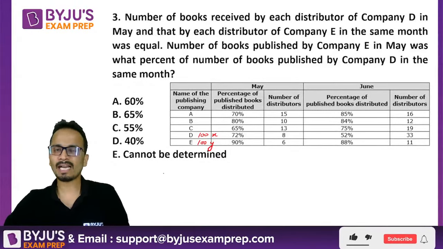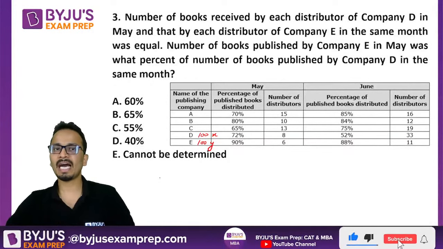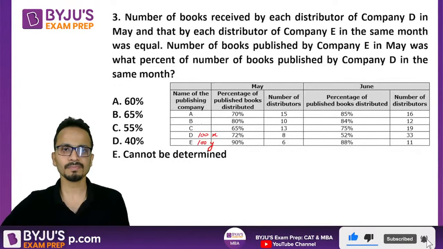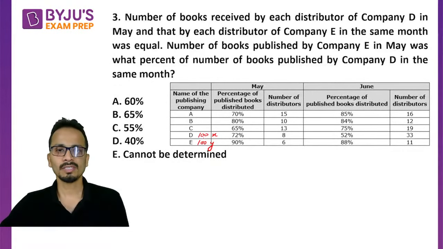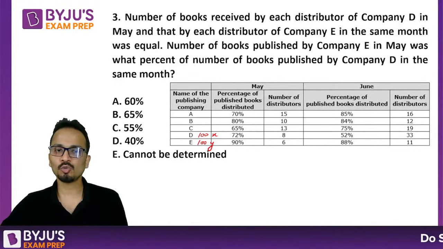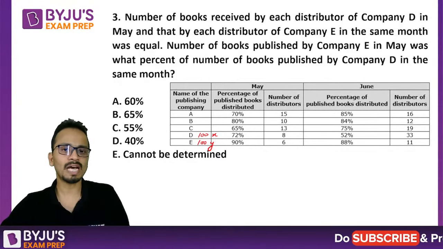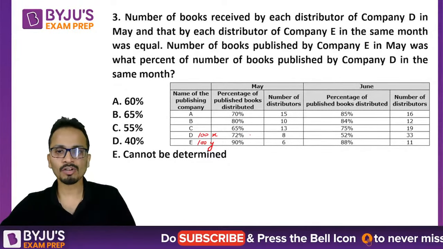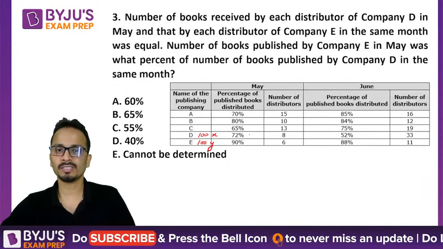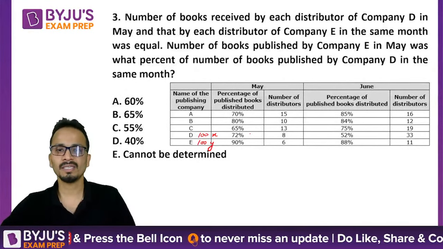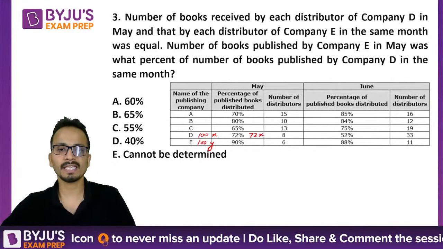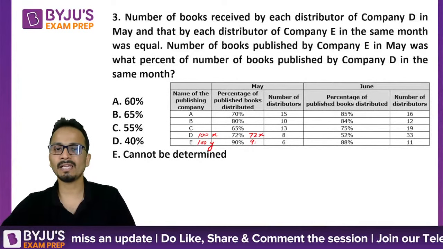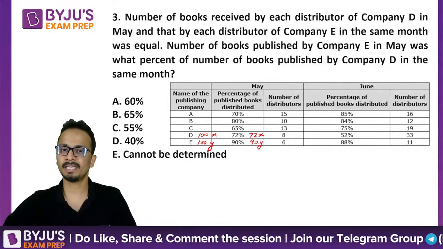Okay, so let's start with this. All of you focus on the way I am doing the calculations. The number of books published for these two companies have been assumed as 100x and 100y. So the number of books distributed will be 72x in the first case and 90y in the second case.